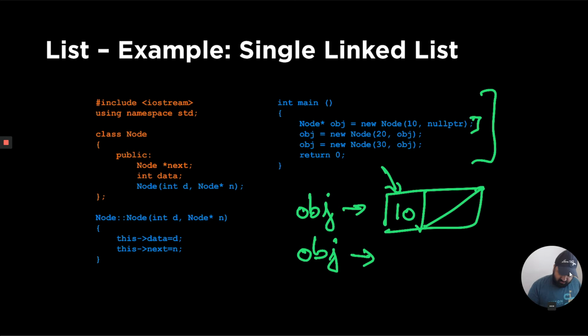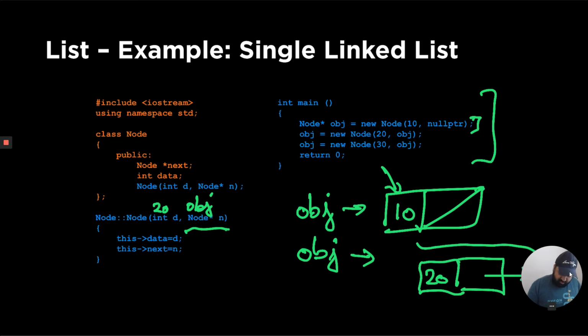So when I pass this 20 and obj into the constructor, it creates a new node with the value data equal to 20. So we have this new node where the value is 20. And since we passed the original object into this linked list, we are going to change the new node's next pointer, which is this one, to the object, which is, in this case, pointing to this.